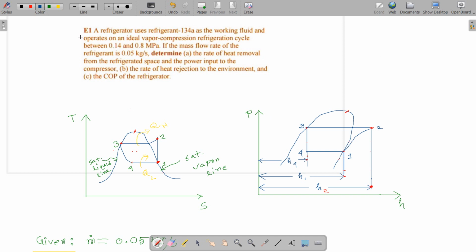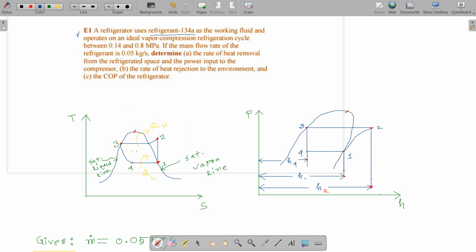So today we will solve this problem. Here, a refrigerator is using refrigerant 134A.